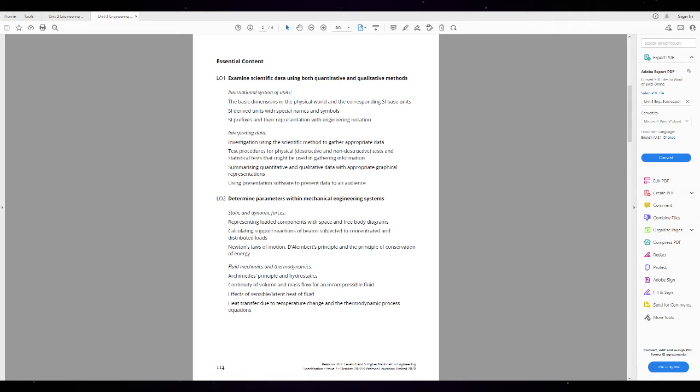Cos theta. Yes, it's plus 90 because cos of 0 is 1.